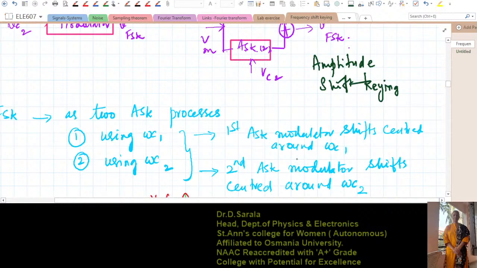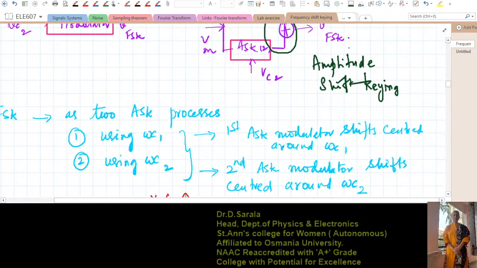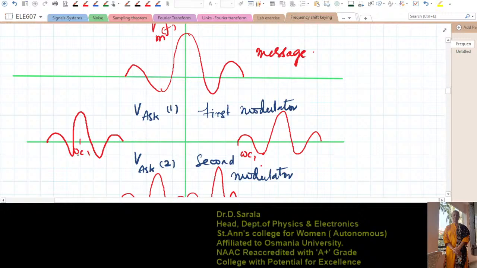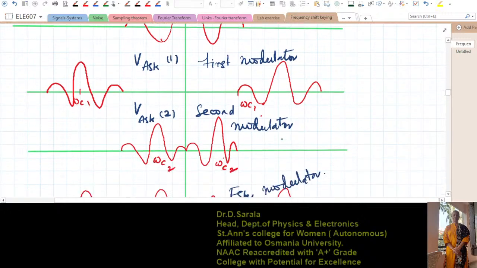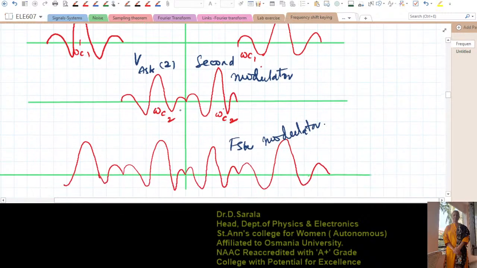If it is omega C2, the second ASK modulator does it. Whether it is the first or the second ASK modulator, they are both combined to give what is known as FSK. So this is the original message signal. The first one is centered around omega C1, the second one is centered around omega C2. Combining these two is the signal that you are getting.